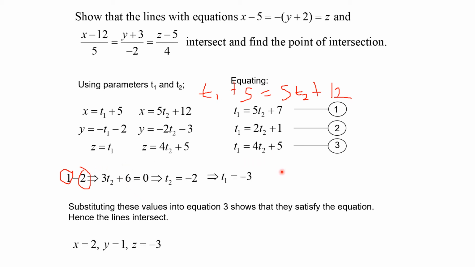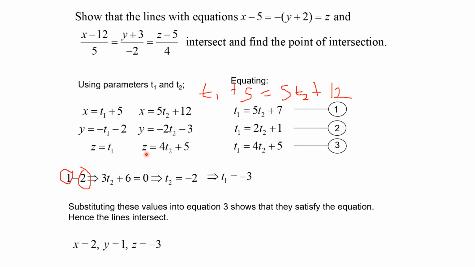So when you substitute t1 as negative 3, you will get z as negative 3. And when you substitute t2 as negative 2, you will get negative 8 plus 5, which is also negative 3. So now the z values are the same.